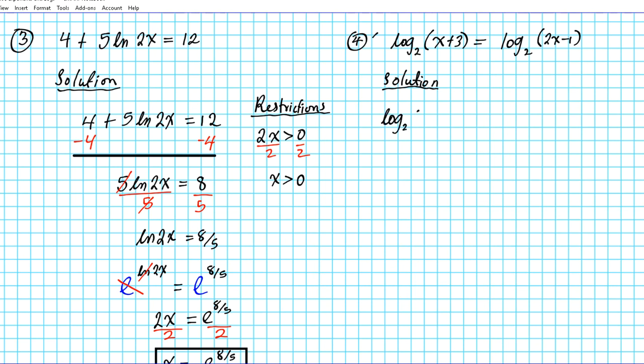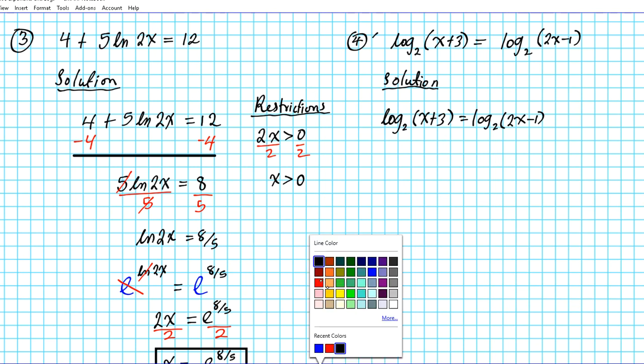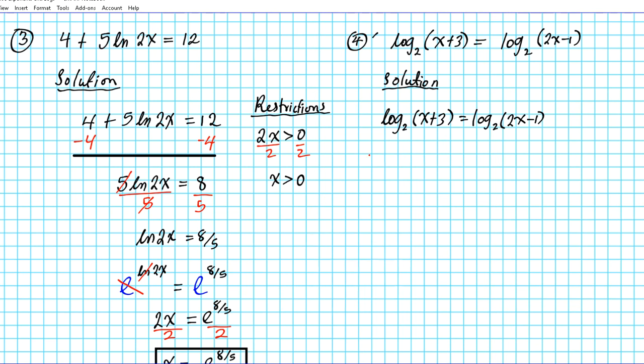Let's solve it first. So log base 2 of x plus 3 is equal to log base 2 of 2x minus 1. We have two logs with identical bases, so we'll just simply exponentiate both sides using the base of our logs, which is 2.